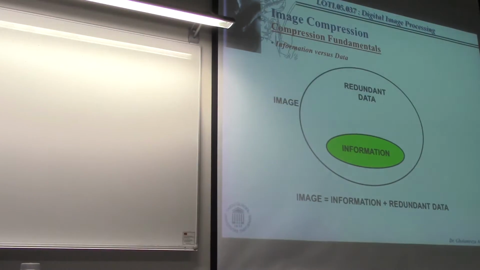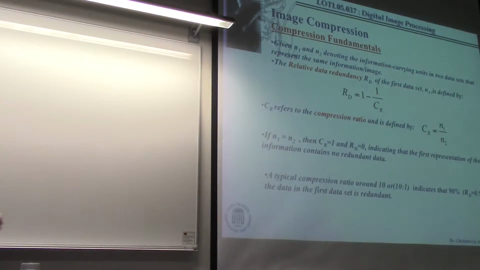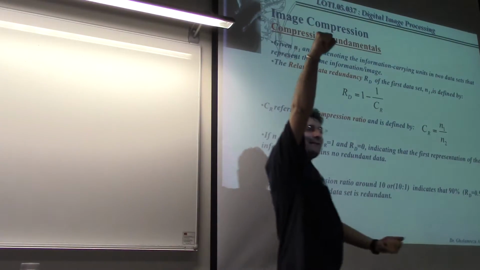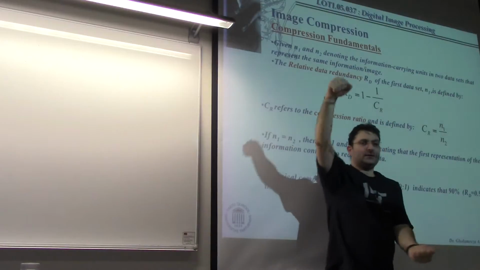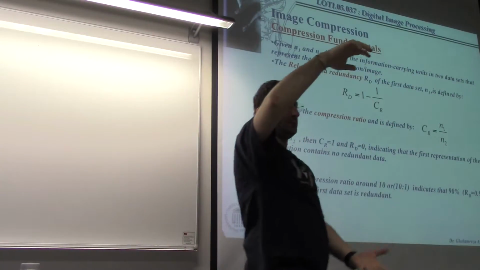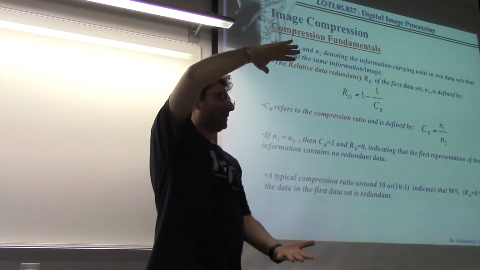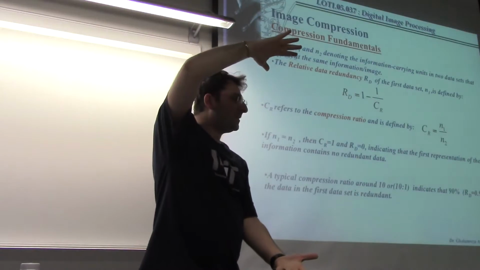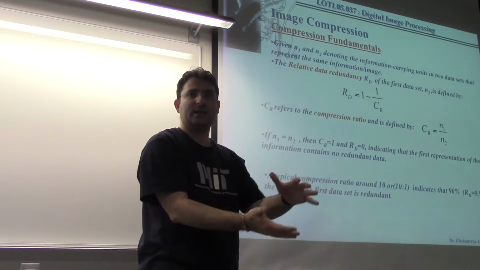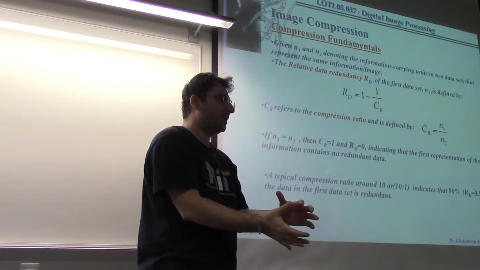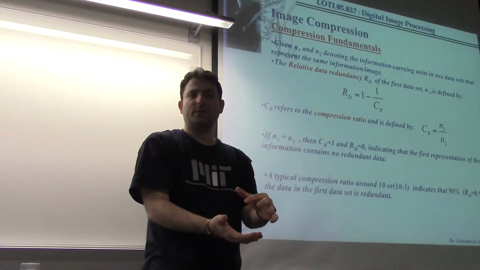So let's see how we calculate redundancy. If you have a big object, a big cube, and you are able to squeeze it to 1/10 of its volume, how much redundancy do we have?